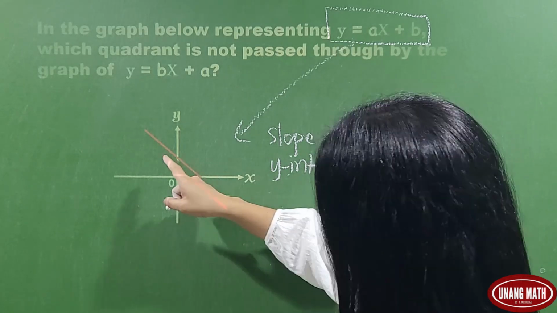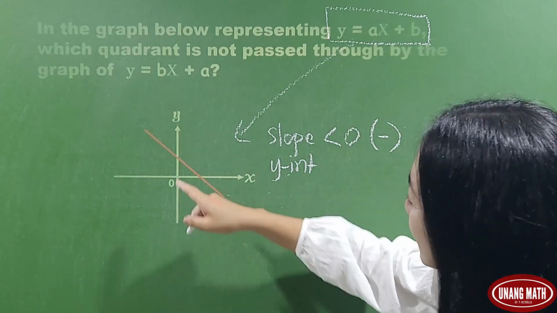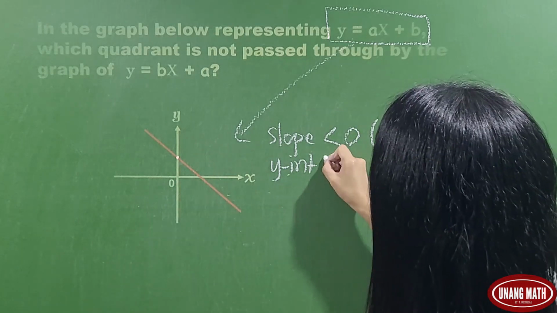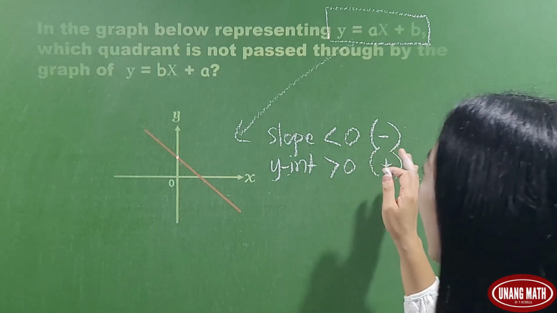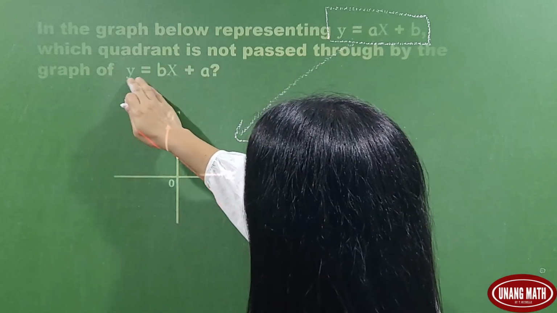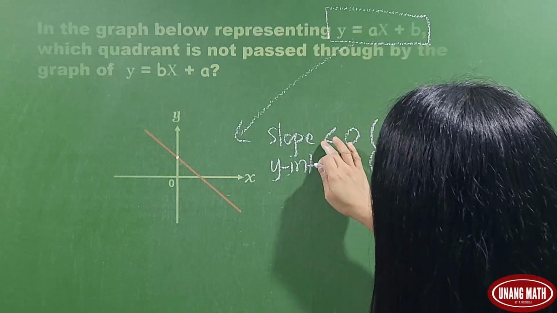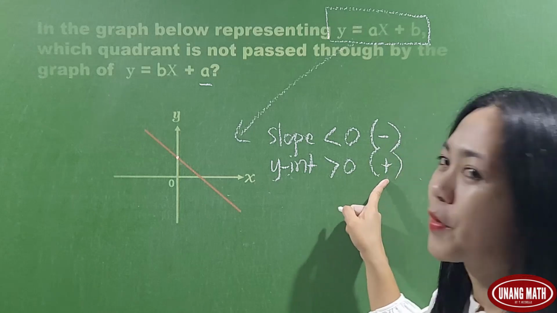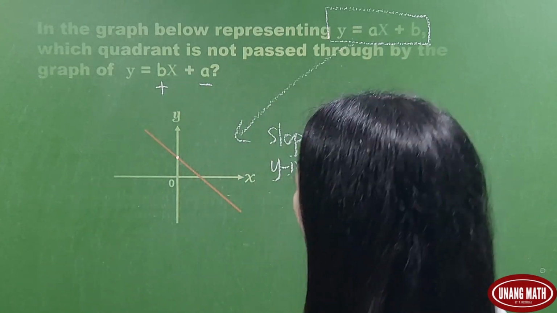Since this graph touches the positive y-axis, we know that the y-intercept is a positive number. Now, which quadrant is not passed through by the graph of y is equal to bx plus a? Since a is negative, this is negative. What about our y-intercept, or b? It's positive, so this is positive.